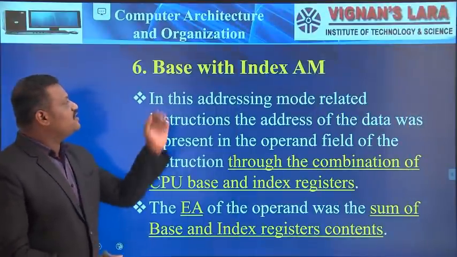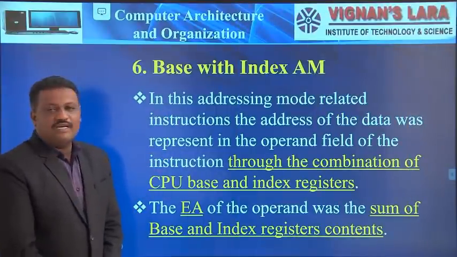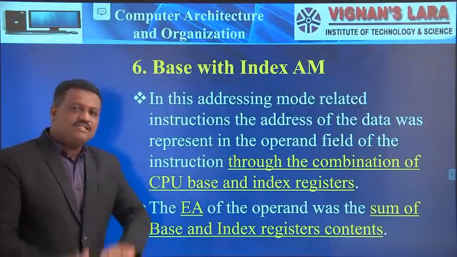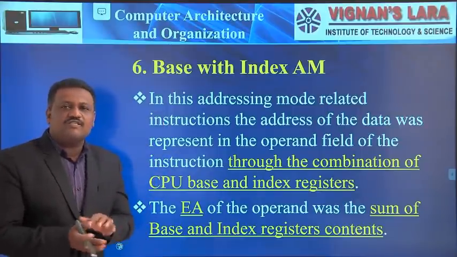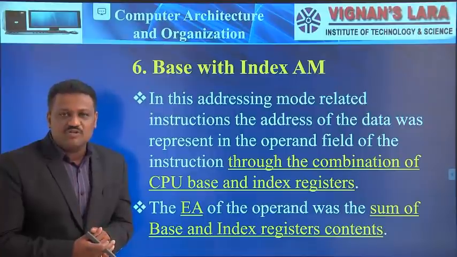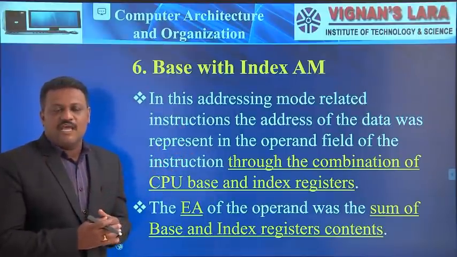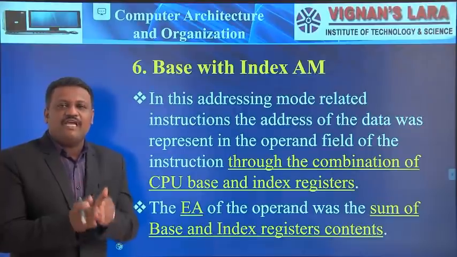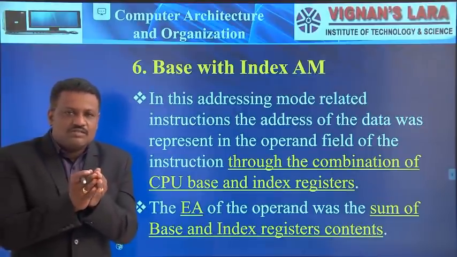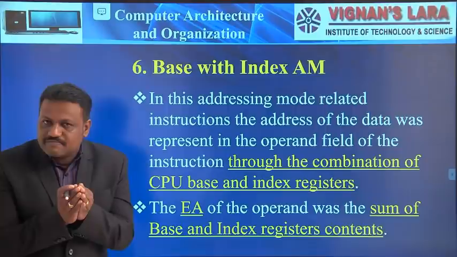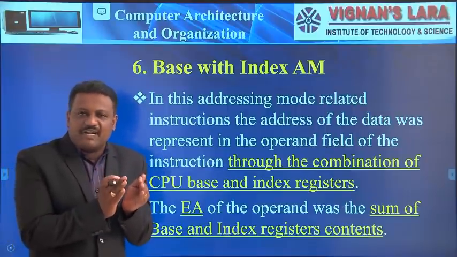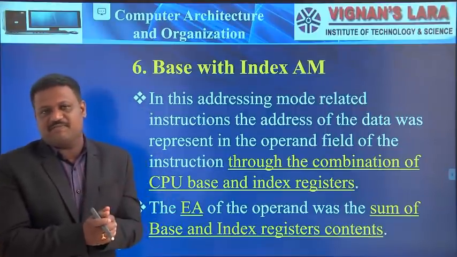Fine. I can go for another addressing mode. Another addressing mode is base with index addressing mode. In some textbooks, the same thing is also called base and indexed addressing mode. So what's the difference between this and the previous one? In the previous one, one register holds some part of the data address, and another part is directly placed in the instruction as a displacement value.